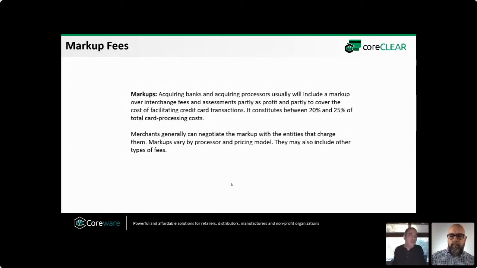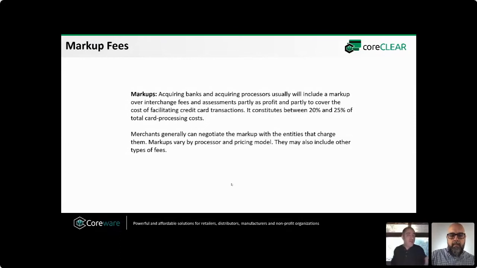I mentioned that earlier. So the rate that you're paying is whatever the interchange and assessment costs, but added to it is some profit, right? On that, these acquiring banks and acquiring processors. Again, there's no way around it. At the end of the day, as long as you're not in a situation, which we've seen many situations, where you're way overpaying, jumping between different processors a lot of times doesn't necessarily save you money.